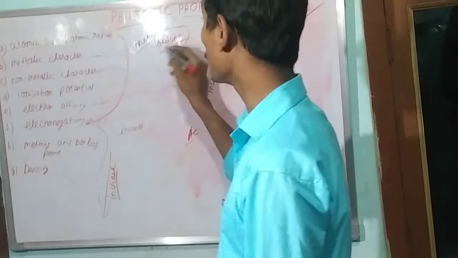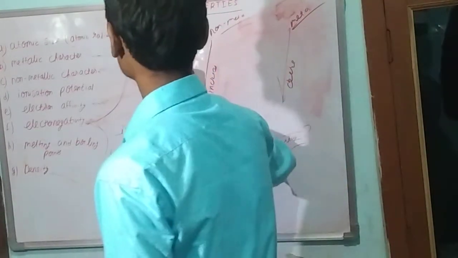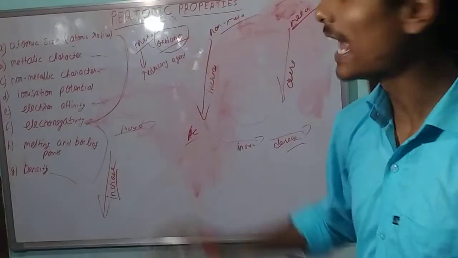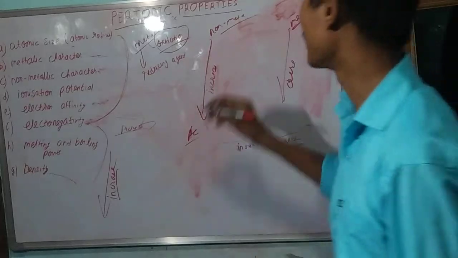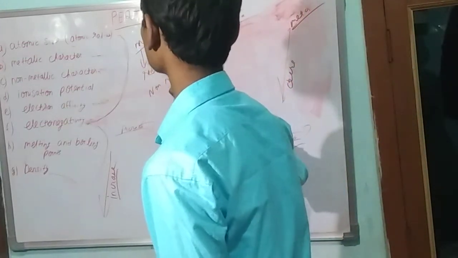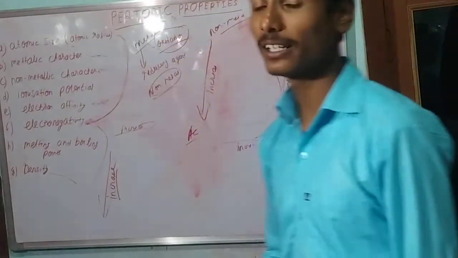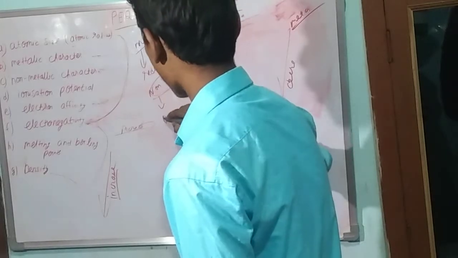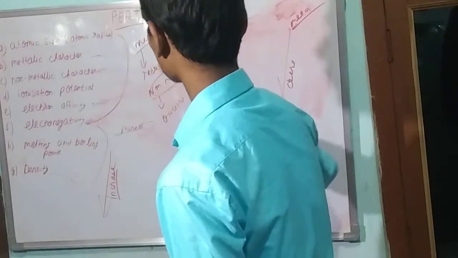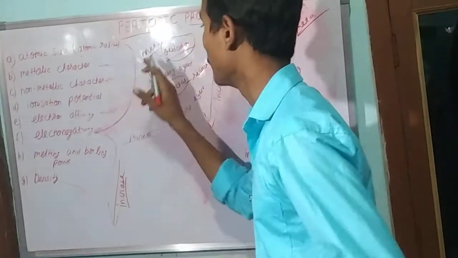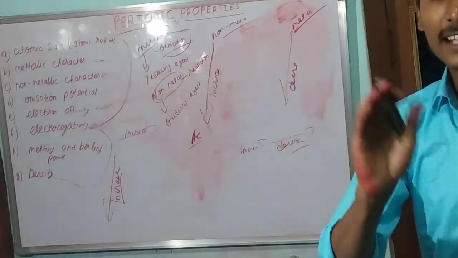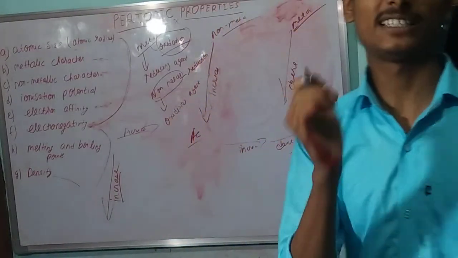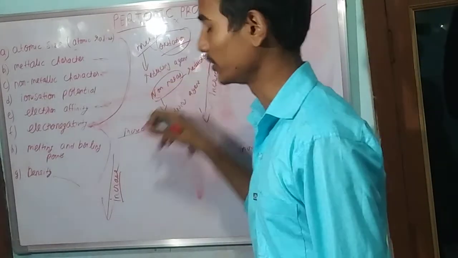Metals undergo oxidation and are called reducing agents. Non-metals undergo reduction and are oxidizing agents. Just learn this by heart: metals undergo oxidation and are reducing agents; non-metals undergo reduction and are oxidizing agents. This is also most important. Okay, thank you.